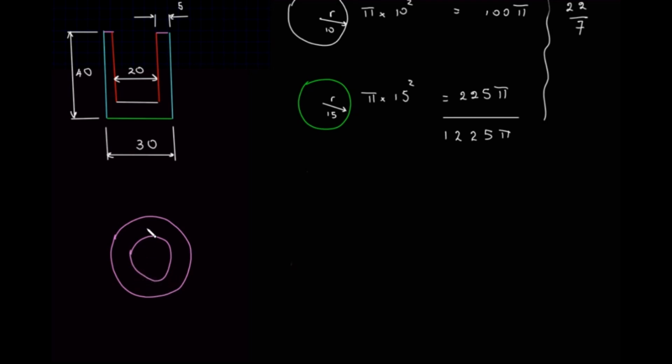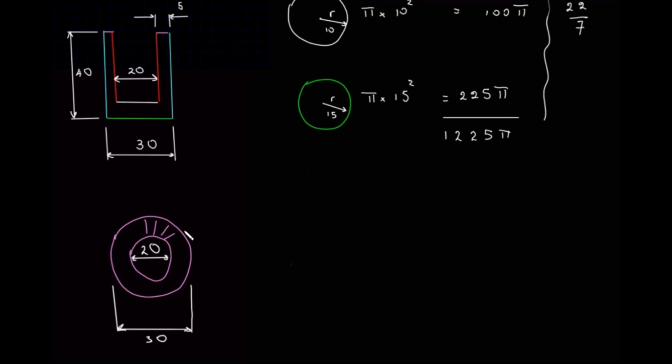What we're interested in is this part, the ring. We know that the outside diameter is 30. And this bit there to that bit there is 30. And we know that the inner part here is 20.